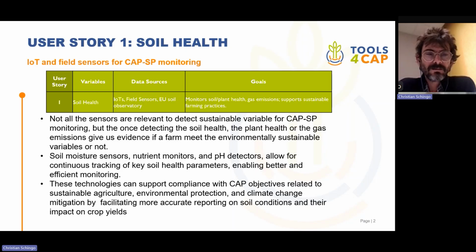Although these technologies are used nowadays, especially at farm level, we believe that they can support compliance with the CAP objectives related to sustainable agriculture, environmental protection, and climate change mitigation. They facilitate more accurate and faster reporting on soil condition and also their impact on the crop yields itself.